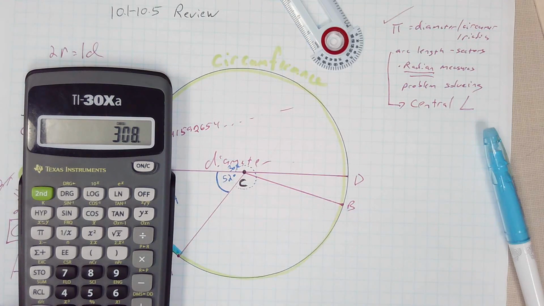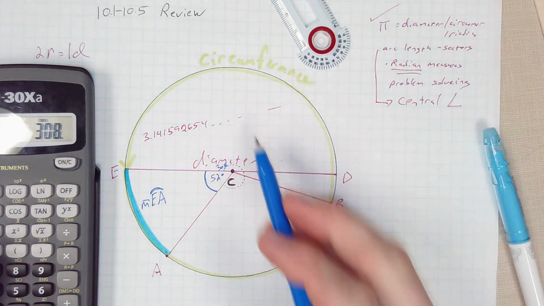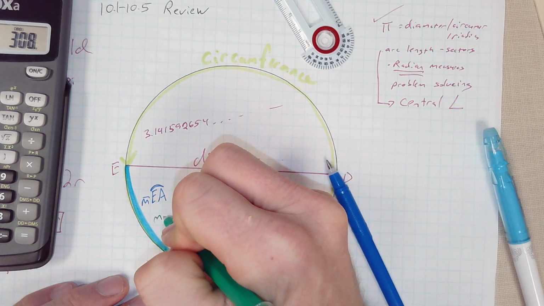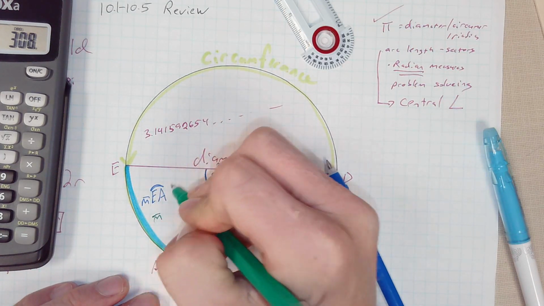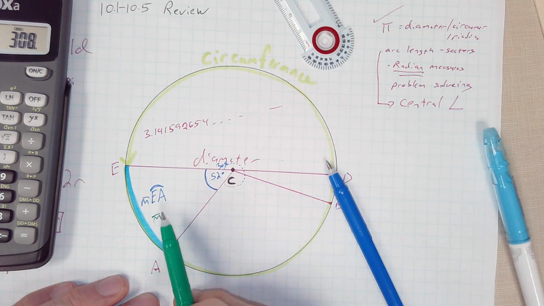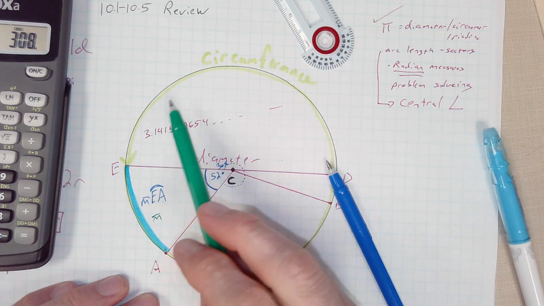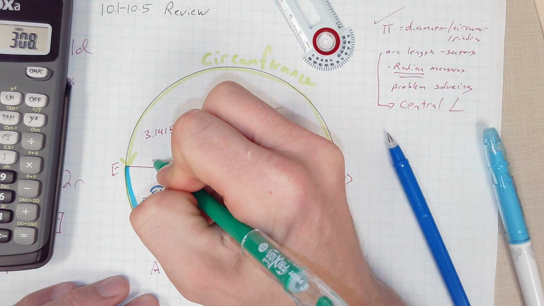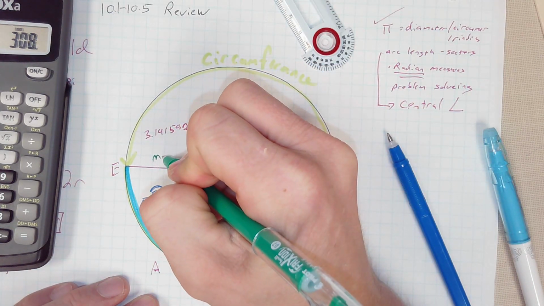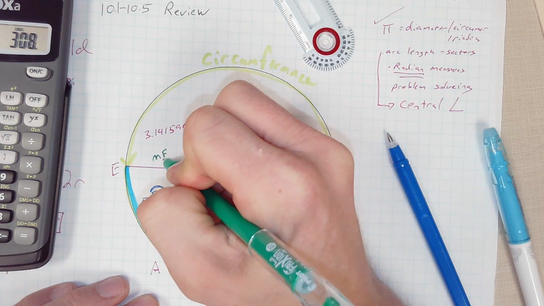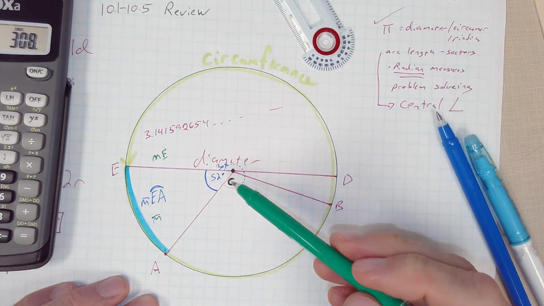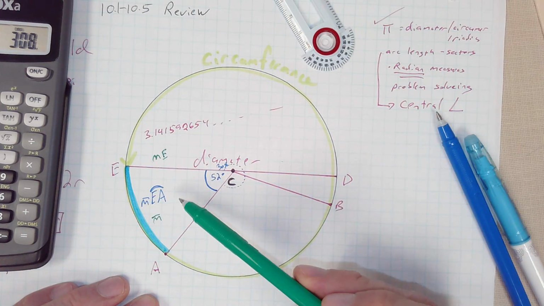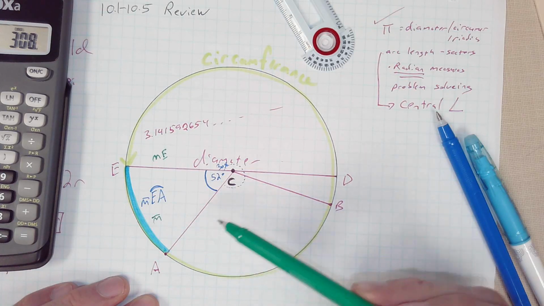So this green one here, so how do we differentiate between the minor arc and the major arc? Well, we'll say that the measure of arc, we can just pick any other one of these. Or you could call it measure of arc MCA, right?